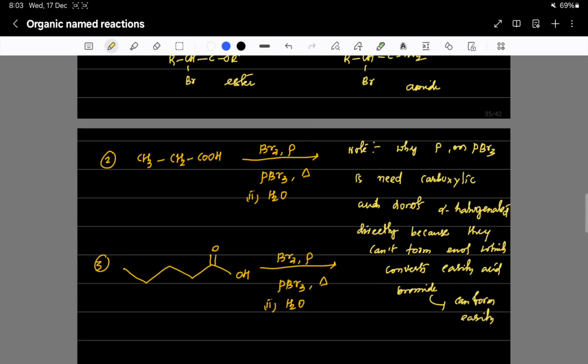So phosphorus converts the acid easily into acid bromide, and then they can form enol easily. So without using phosphorus or PBr3, carboxylic acids do not alpha halogenate directly because they cannot form enol, which is why we need phosphorus or PBr3 in this particular reaction.